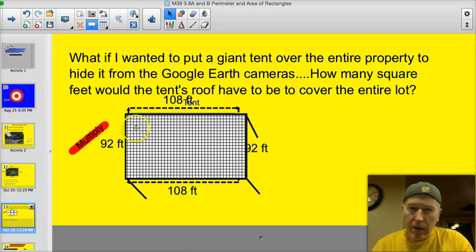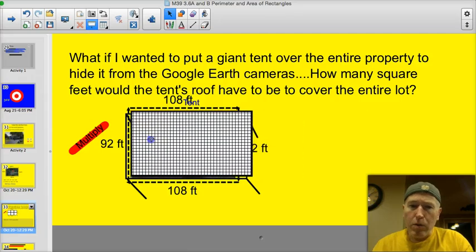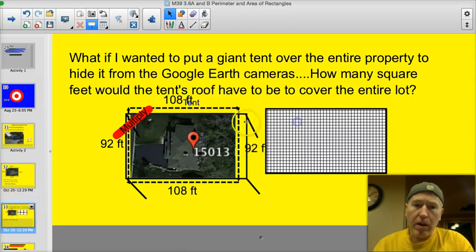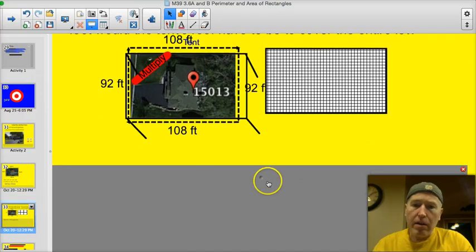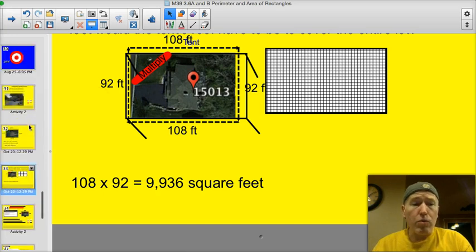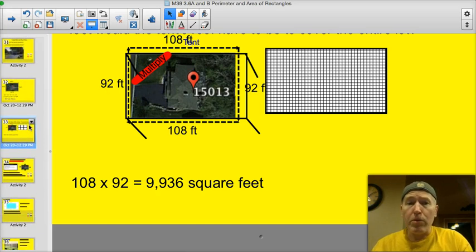So I would have lots and lots of square feet. You don't add for area, you multiply. I would take 92 times 108 and multiply these two numbers together. I would have 9,936 square feet of coverage. Okay? That's the two real-world examples today of perimeter and area.